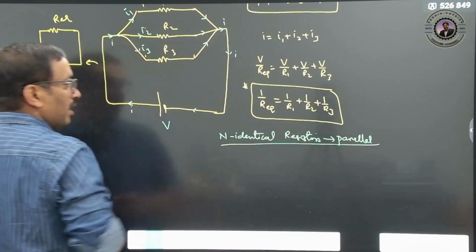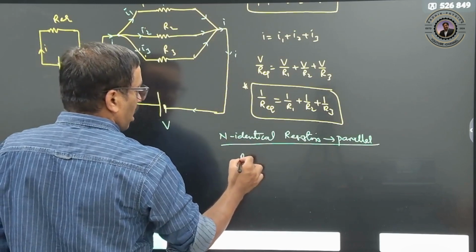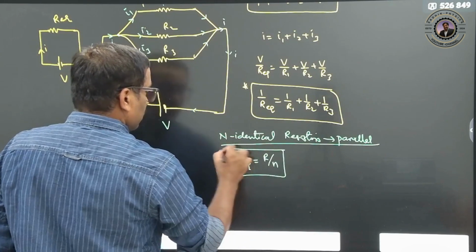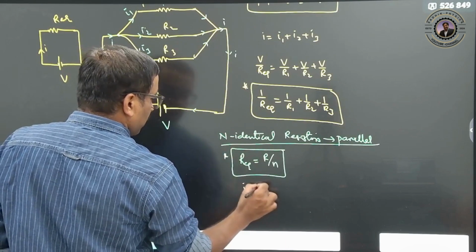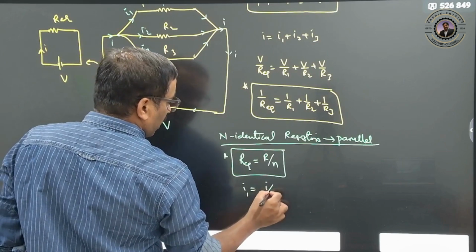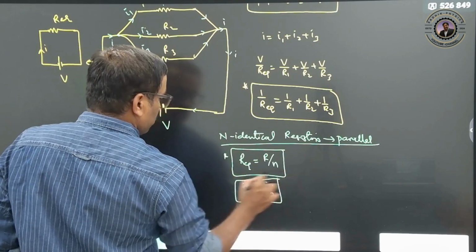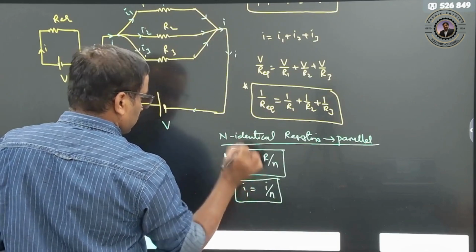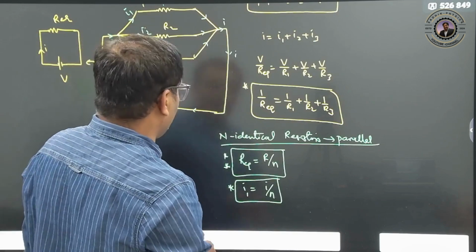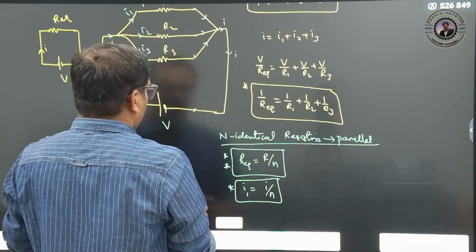Then R equivalent can be written as R by n. The current across each resistor will be the total current divided by n. So this is your R equivalent when n identical resistors are connected in parallel.